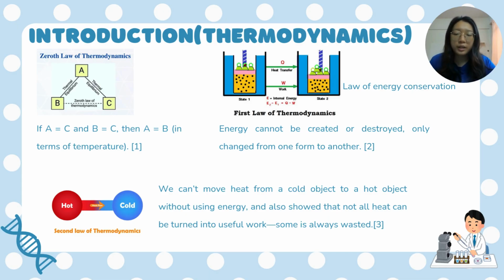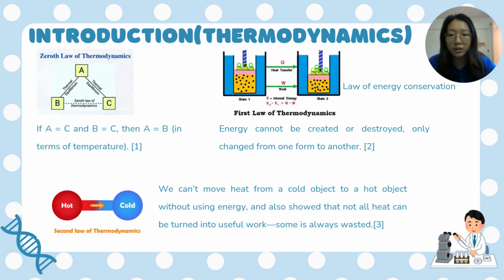The first law of thermodynamics, also known as the law of energy conservation, states that energy cannot be created or destroyed. It can only change from one form to another form. Moving to the third diagram, which is the second law of thermodynamics. From the diagram, we can see the heat will flow from the hot reservoir to the cold reservoir.